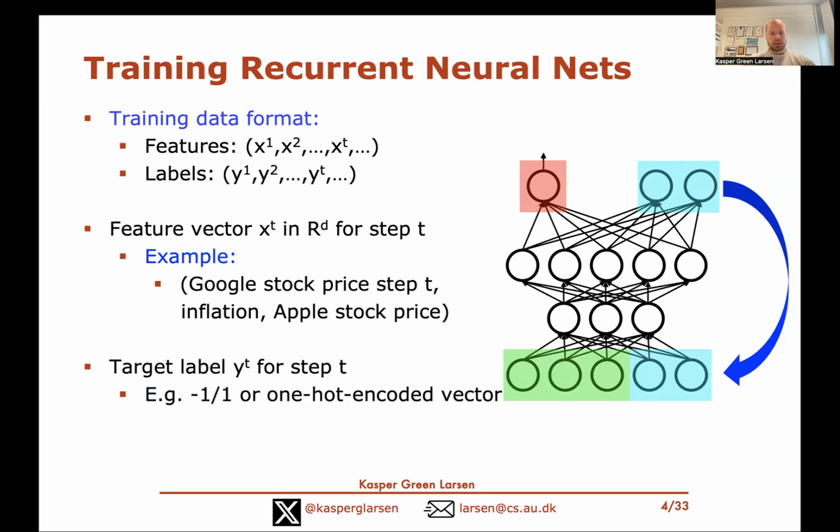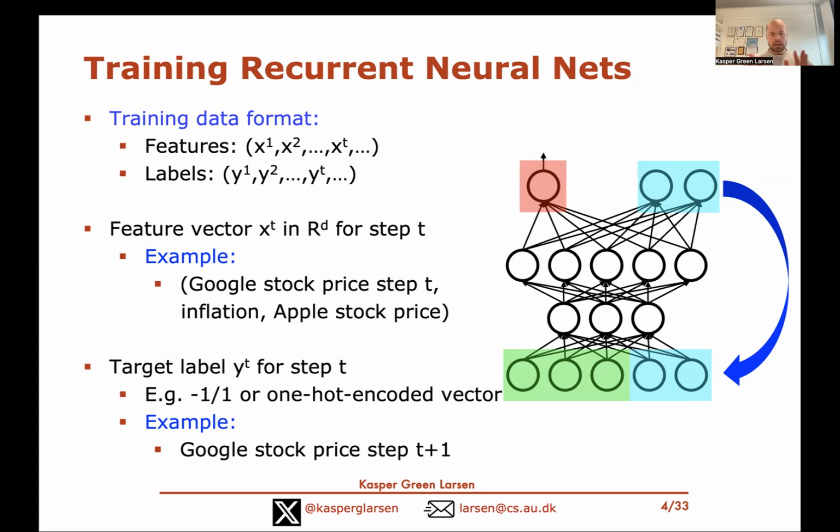These labels could be just numbers, -1, 1 for binary classification type problems. Could also be a one-hot encoded vector if we're doing classification into k classes. It could also be just a value if we're doing a regression type problem. And for a regression type problem, these labels could be the stock price of Google at step t+1, which is what we want to predict after step t. So this could be just a real value.